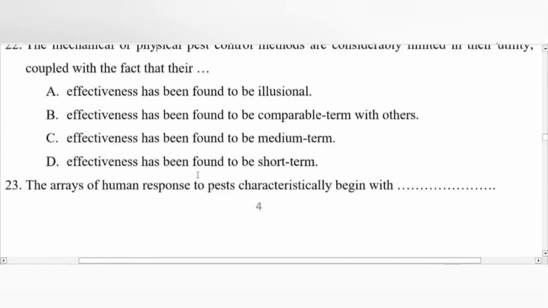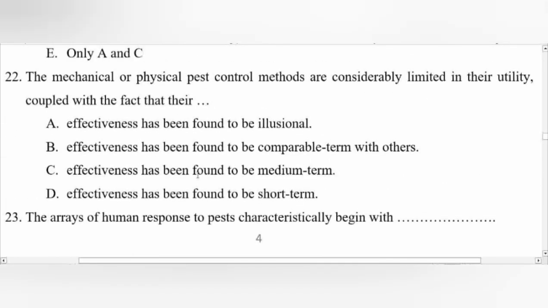Question number 22. The mechanical or physical pest control methods are considerably limited in their utility, coupled with the fact that they are. Okay, so option A is their effectiveness has been found to be illusional.